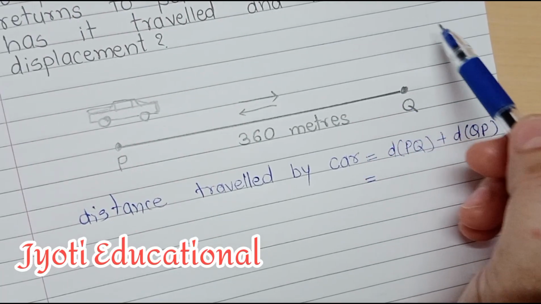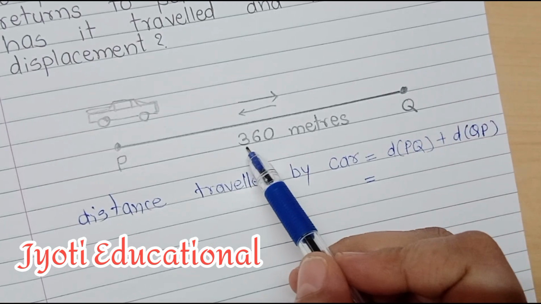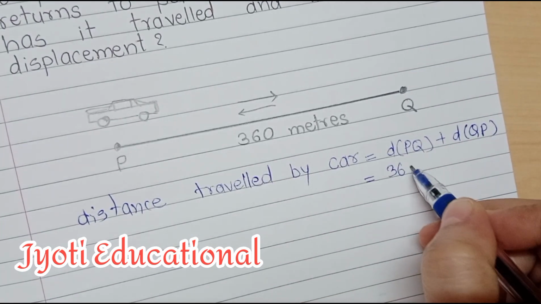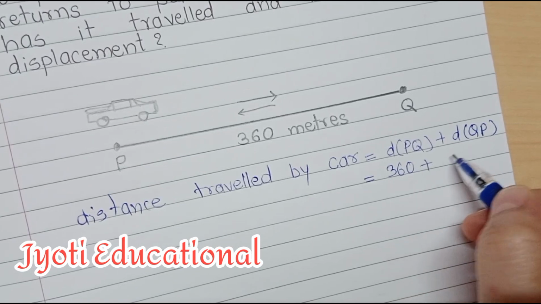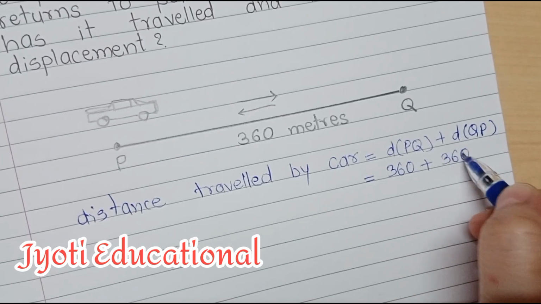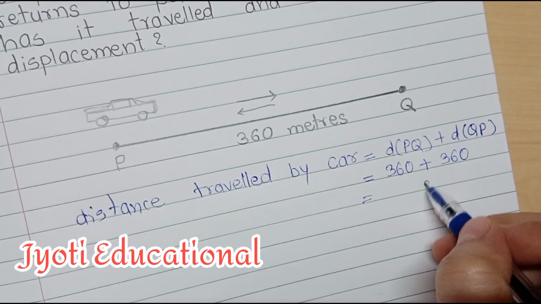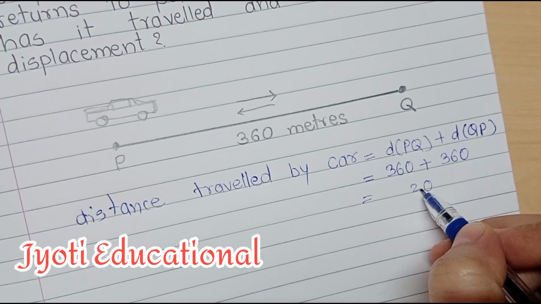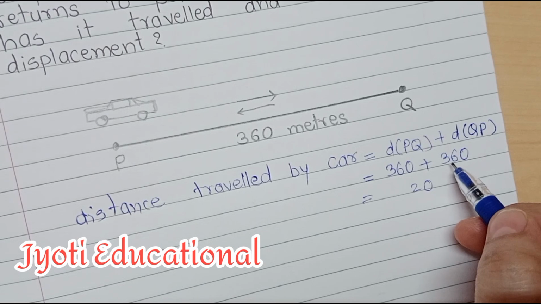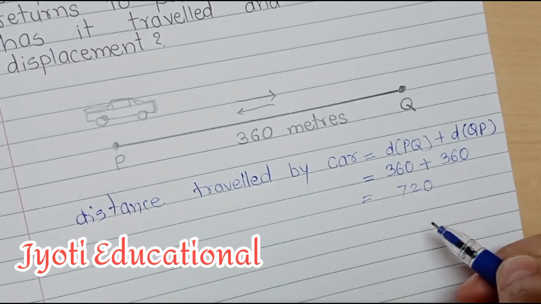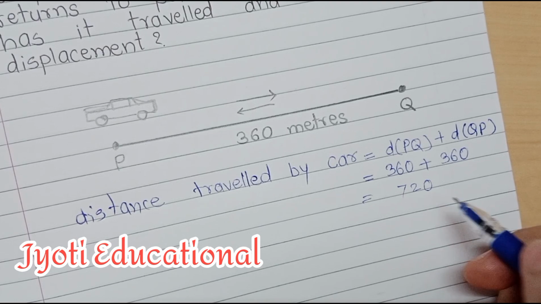How much distance is given? 360 meters. 360 meters plus 360 meters equals 720.